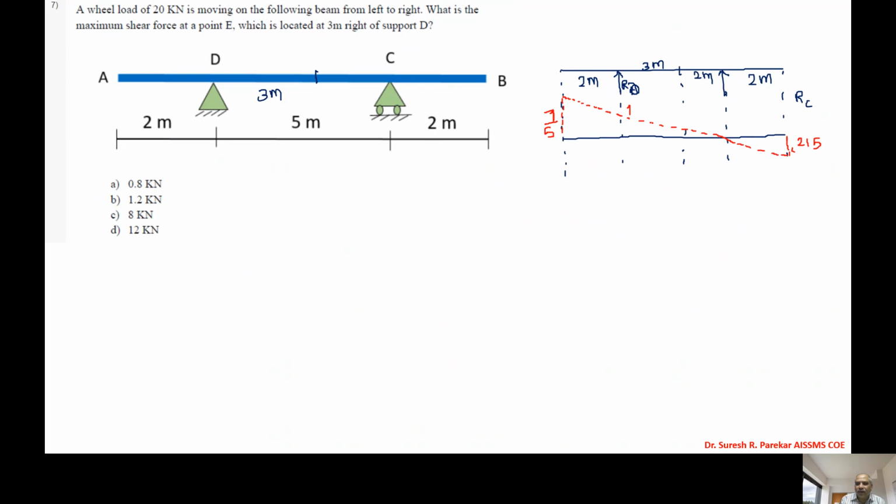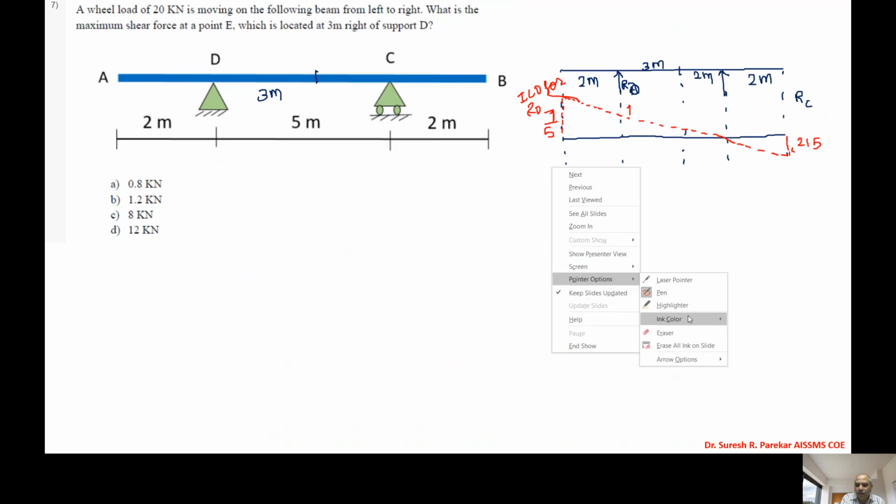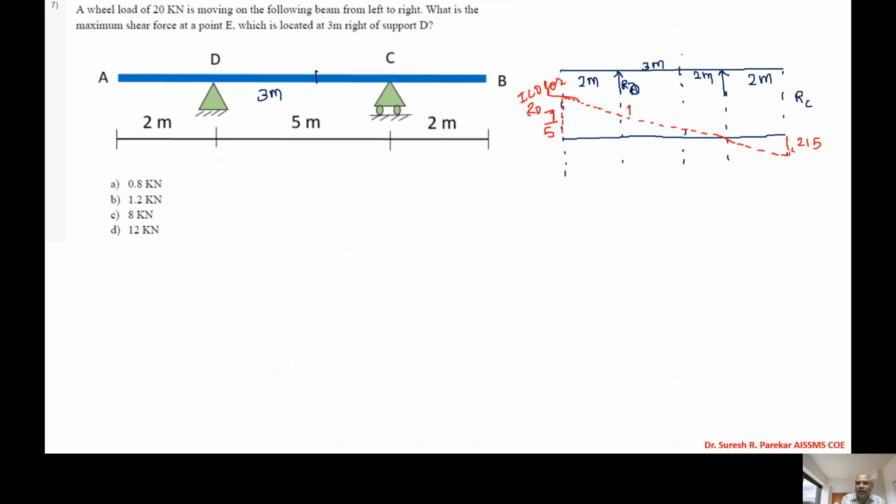This is the ILD for RD. Now I will plot the ILD for RC. That is minus, because the shear force at C is minus RC, and therefore we will have 1 at C, then 0 at D, and then minus RC, so it will be in this fashion.